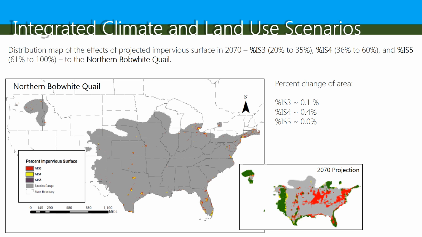ICLUS pixels covered by 36% to 60% impervious surface in 2070, or IS4, will only affect about 0.4% of the projected future suitable envelopes of the northern bobwhite quail, and that is actually very minimal, knowing for a fact that the northern bobwhite quail has the largest range among all the 20 species in the study.